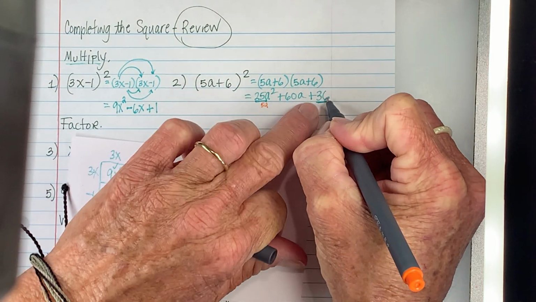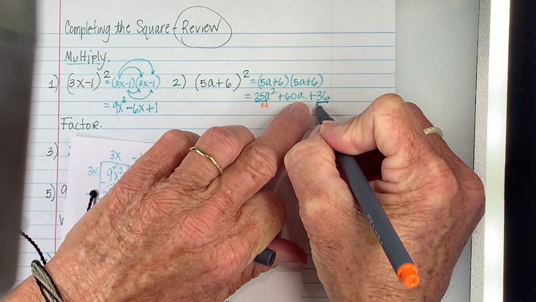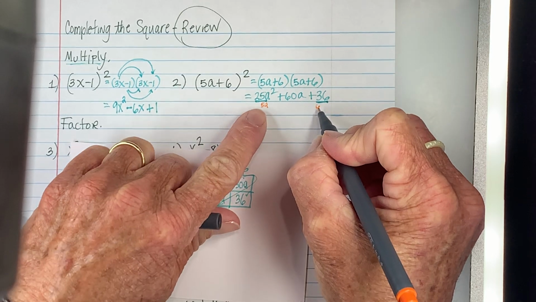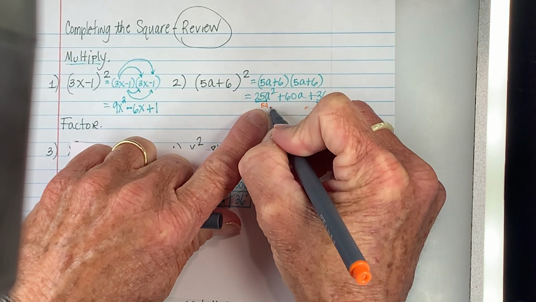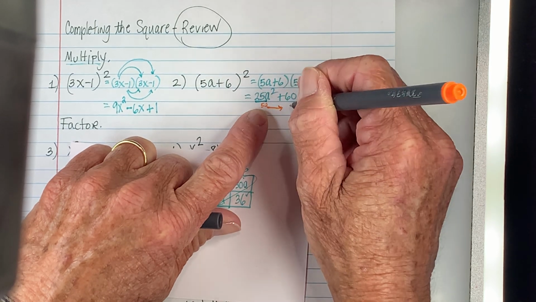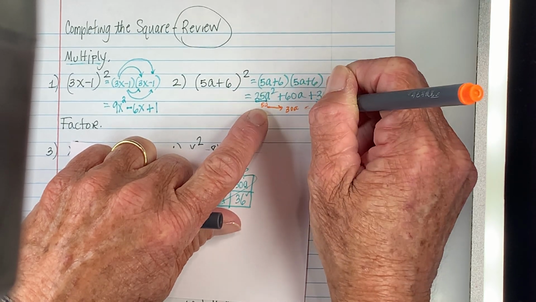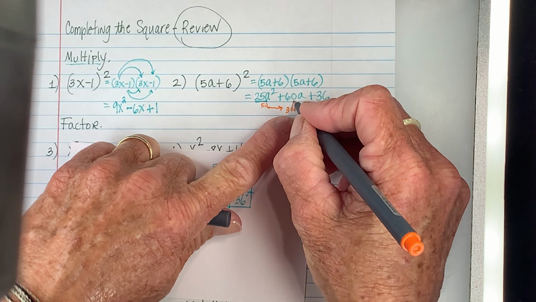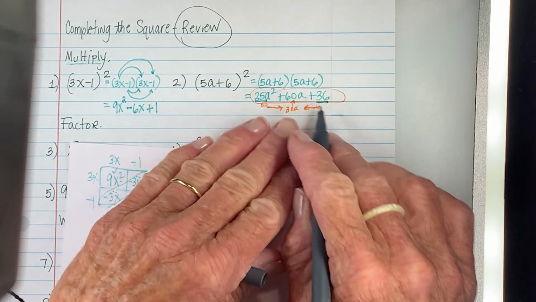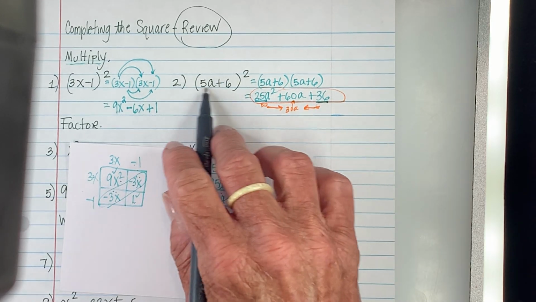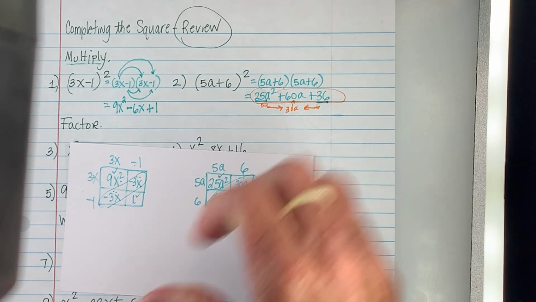That was 5a. What number times itself gave us 36? That was 6. If you multiply 5a times 6, you end up with 30a. And if you double 30a, you get 60a. That's always going to be the way things play out whenever you have squared a binomial.